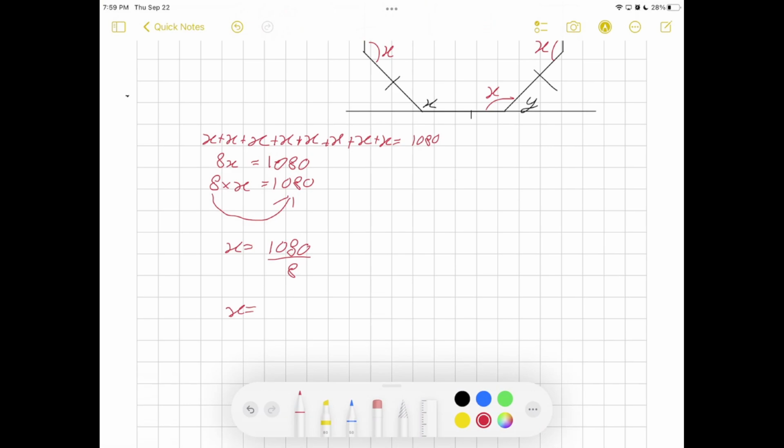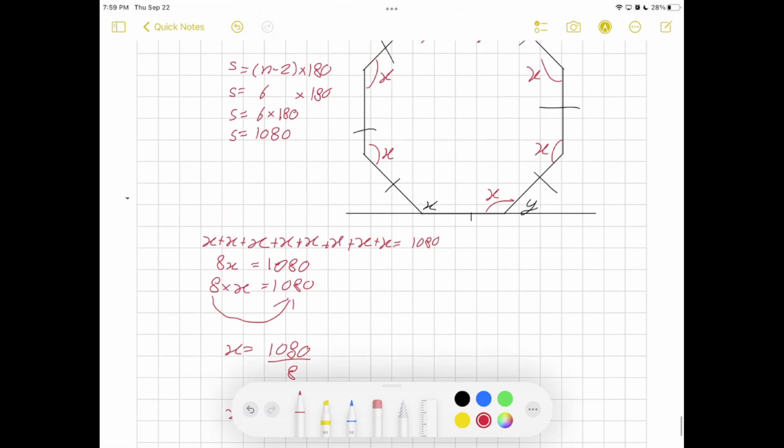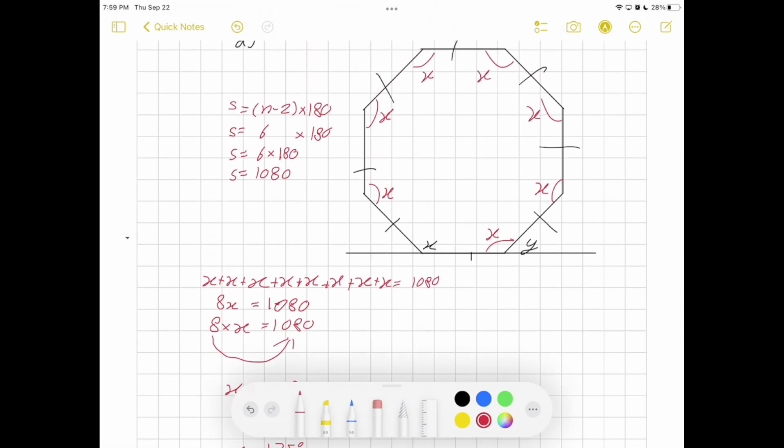So 1080 divided by 8 is equal to 135 degrees. So now we know that x is 135, so I'll replace that.